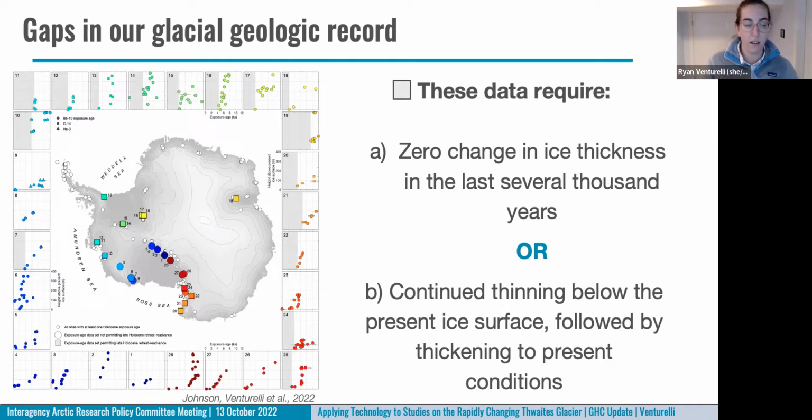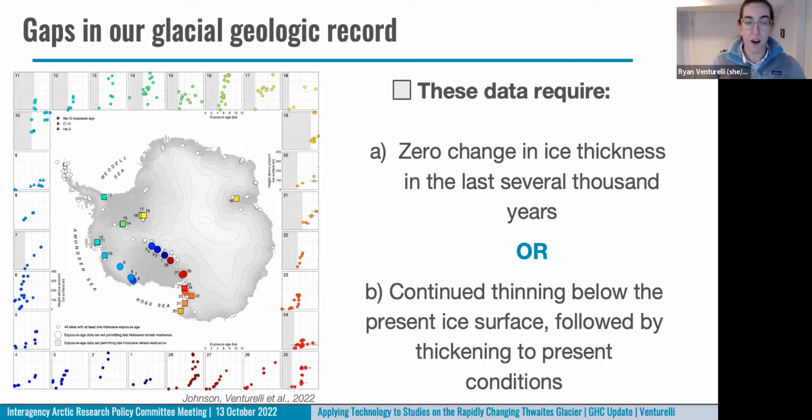So when we look at all of these data around Antarctica, we interpret these colored boxes to mean that there has either been zero change in ice thickness at these locations over the last several thousand years, or this site experienced continued thinning below the present ice surface, followed by thickening to present conditions.